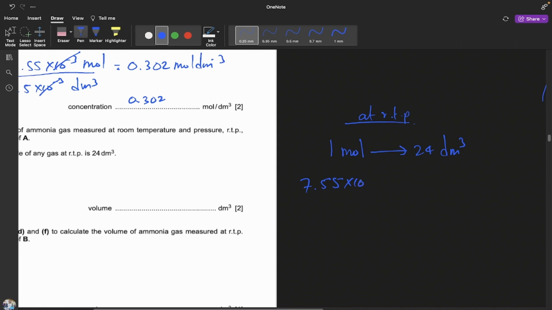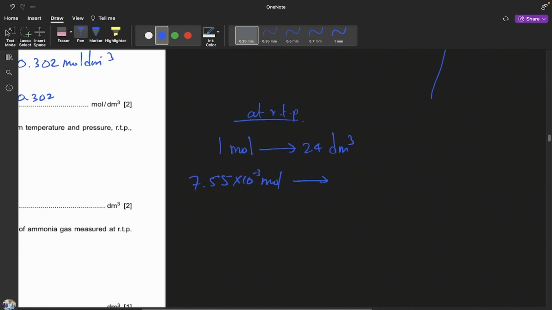But we have 7.55 times 10 to the power of minus 3 moles. So what is the volume of gas it occupies? The volume can be found by 24 multiplied by 7.55 times 10 to the power of minus 3.